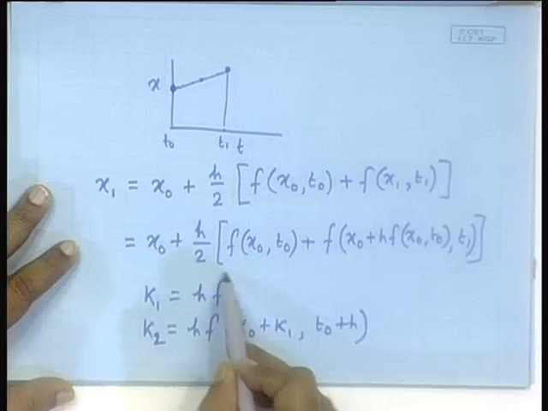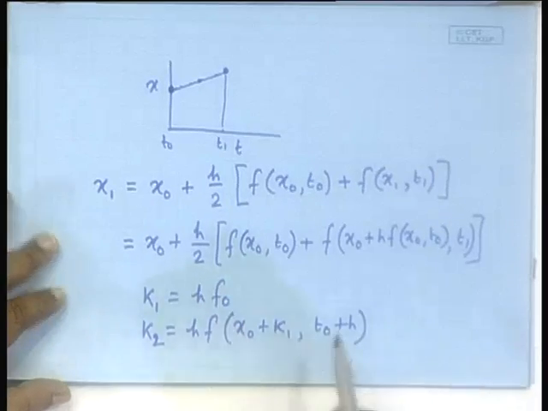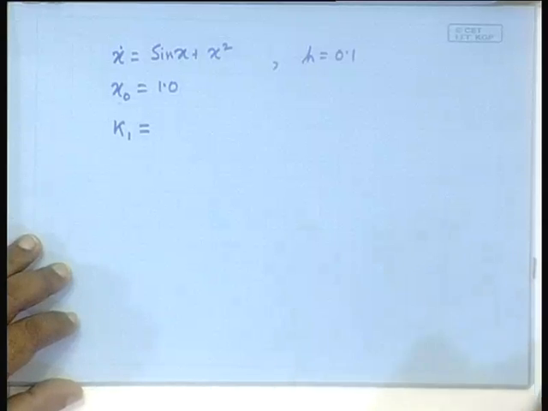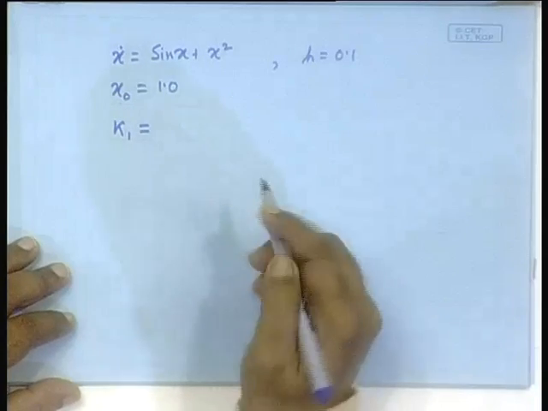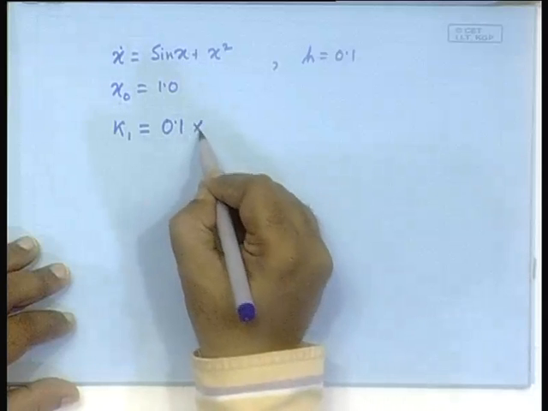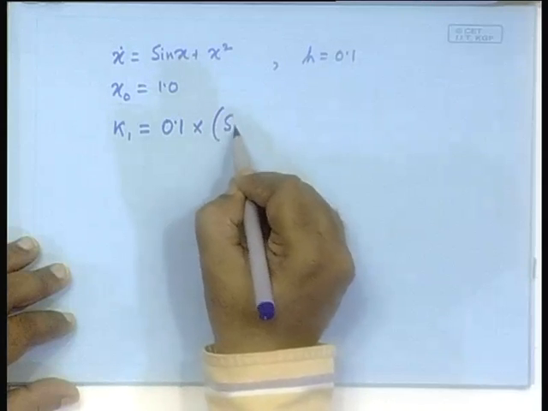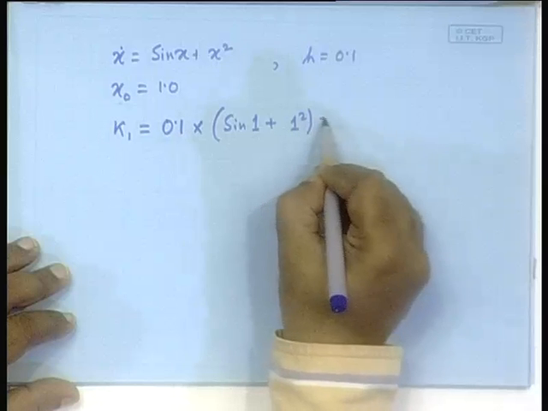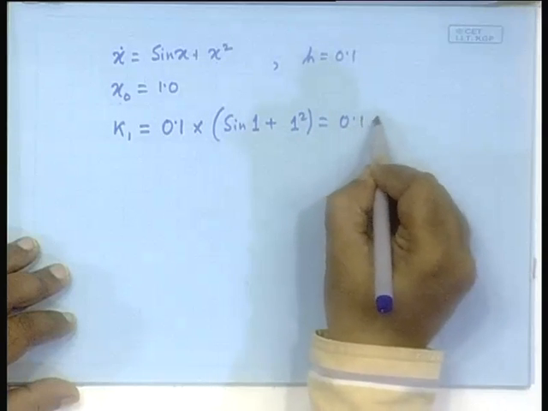H times f naught is only this part. So, it will be 0.1 times sin 1 plus 1 square is equal to 0.184.